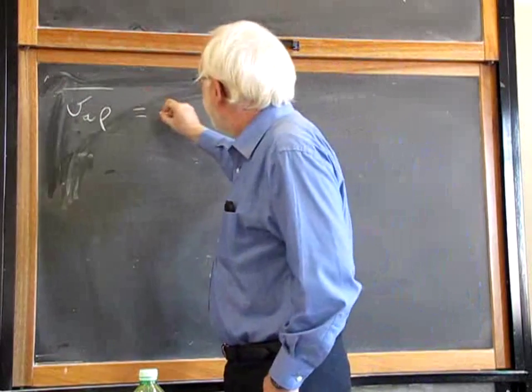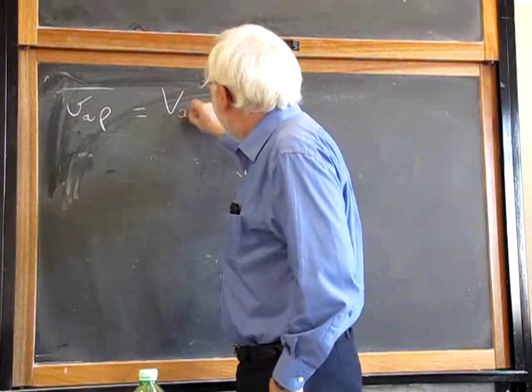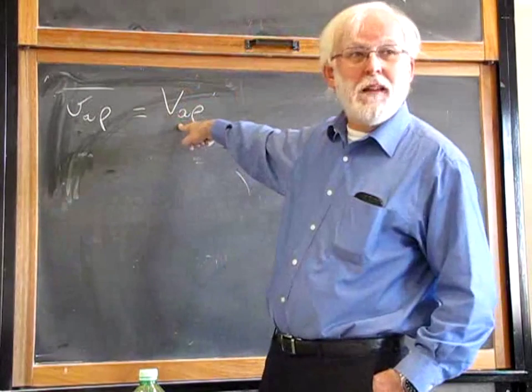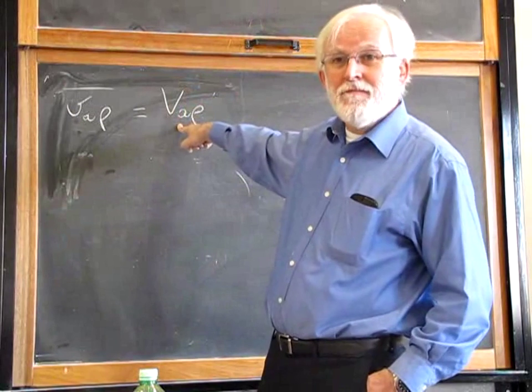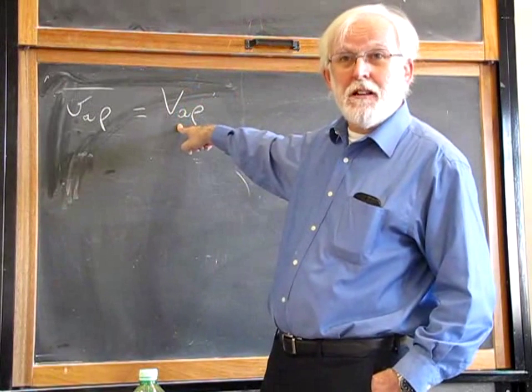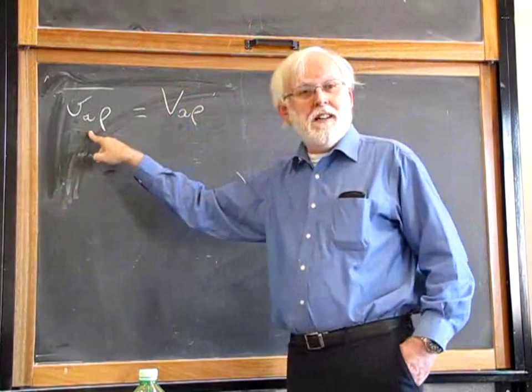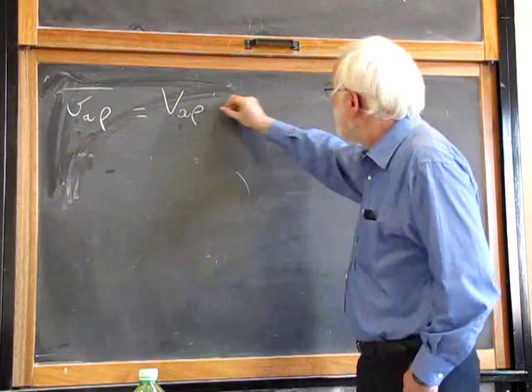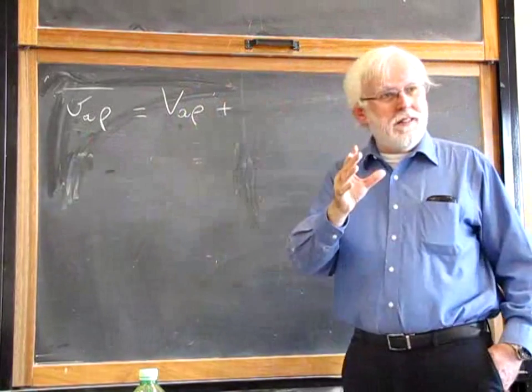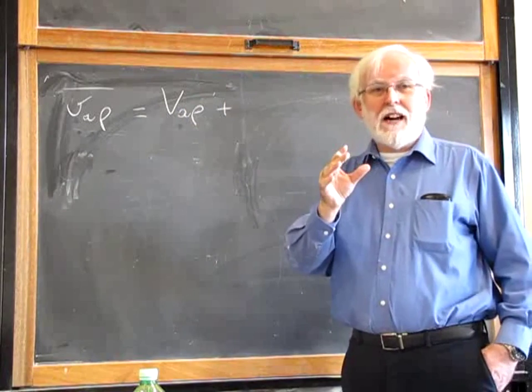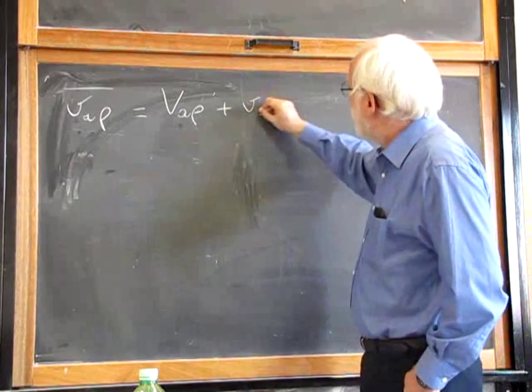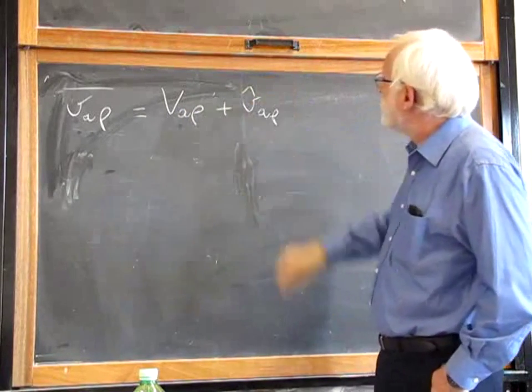The AP average equals the AP capital, that means the DC component of this voltage, plus a small change around the DC point. And we call it VAP hat.